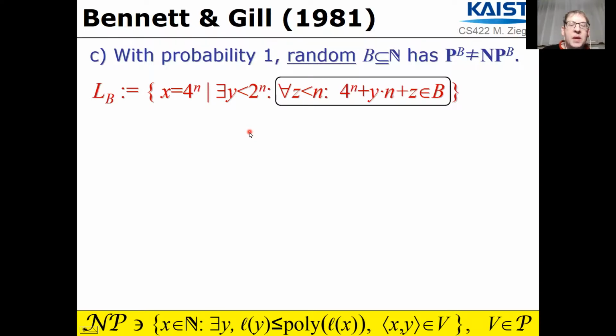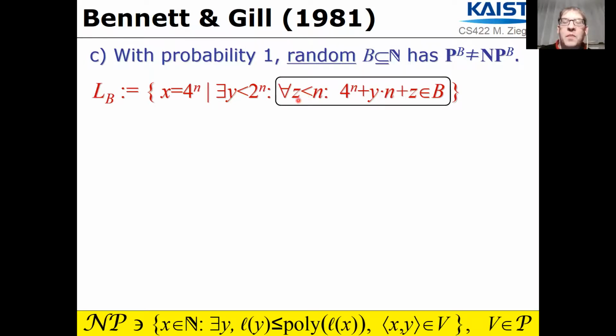I already explained why it has polynomial length, actually linear length. And the witness condition here is maybe a little bit off-putting because it involves this universal quantifier, but the universal quantifier ranges only over a linear number of candidates. This one ranges over exponentially many candidates of polynomial length. This one ranges over linearly many candidates. So this is not really computationally hard to verify.